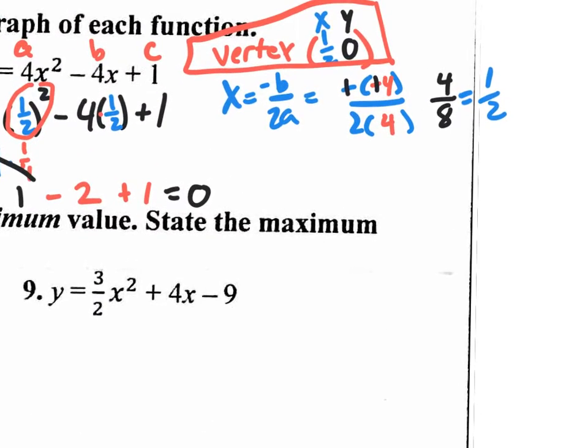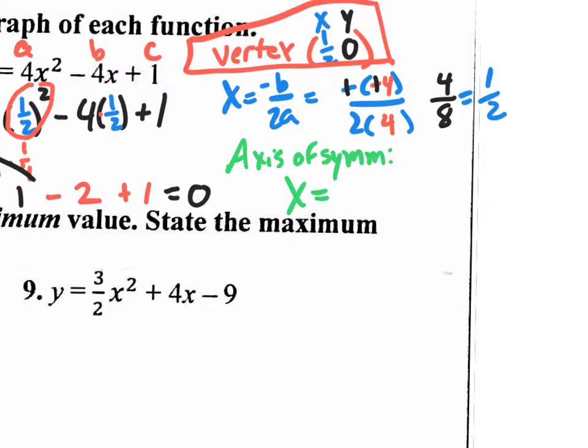Okay, so remember, if I were to graph the coordinate, the axis of symmetry would be the vertical line right through the vertex, right? But they want the equation of the axis of symmetry. The equation of a vertical line is not going to be y equals, it's going to be x equals, and it's going to be the x value of your vertex.